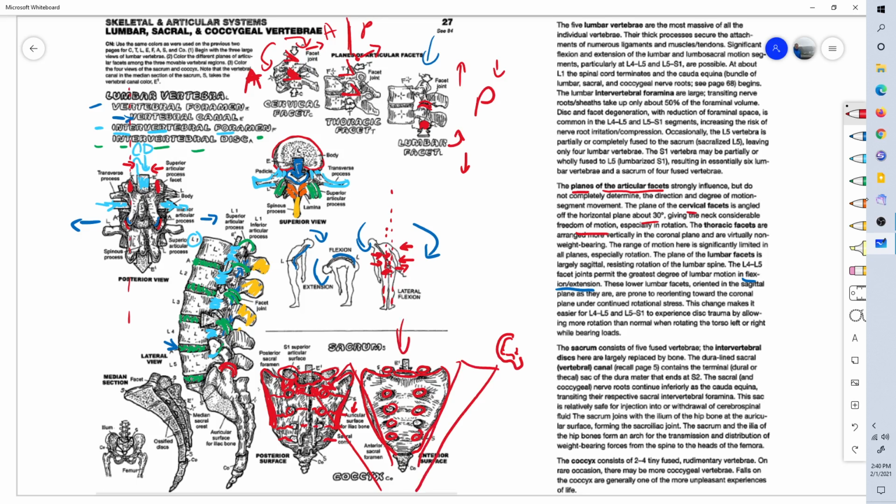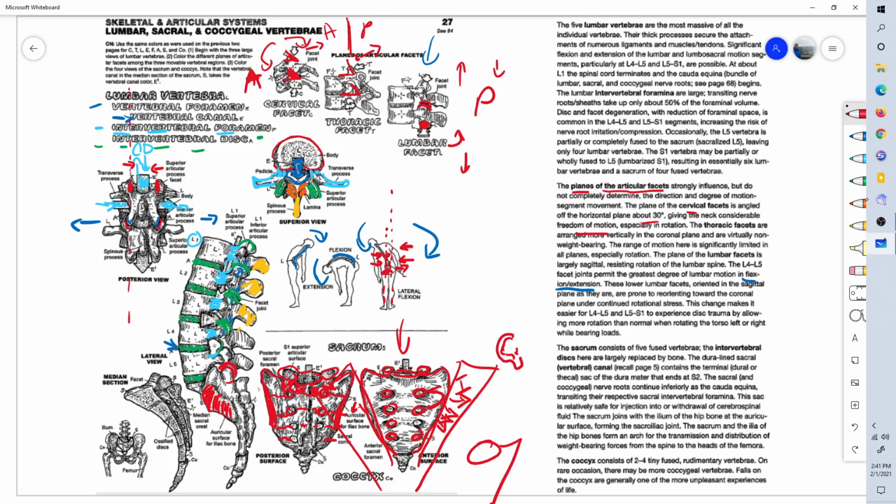So the weight of the body can be distributed, the force can be distributed down and laterally out to the femur joint, the legs. And it fits in there nice and snug like a keystone.